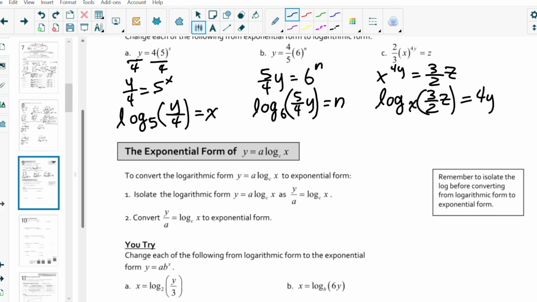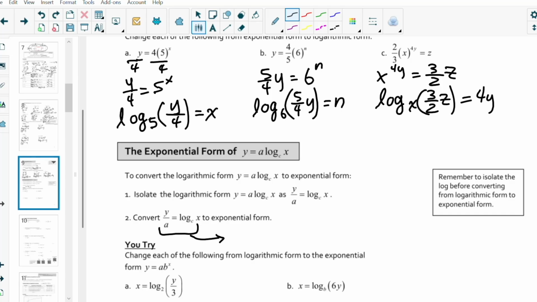Okay, the exponential form of y equals a log base c of x. To convert the logarithmic form y equals a log base c of x to exponential form, isolate the logarithmic form: y over a equals log base c of x. Convert y over a equals log base c of x to exponential form.